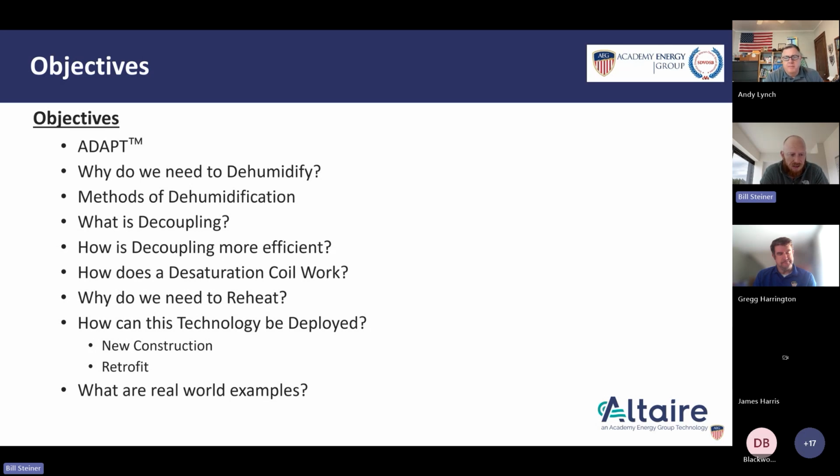What is a desaturation coil, and how does that work? Why do we need to reheat air when we're using subcooling to dehumidify? How can we deploy this technology? And lastly, Greg's going to round us out with some case studies of real world examples where we've installed this.